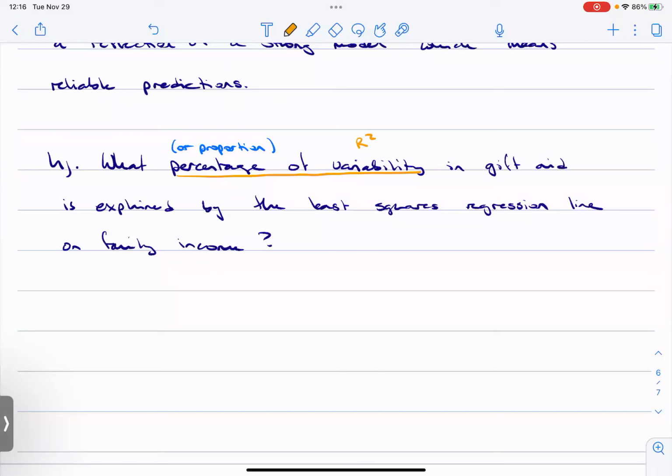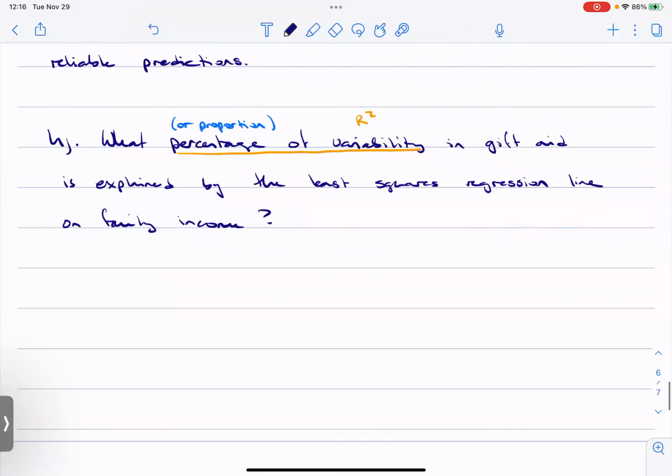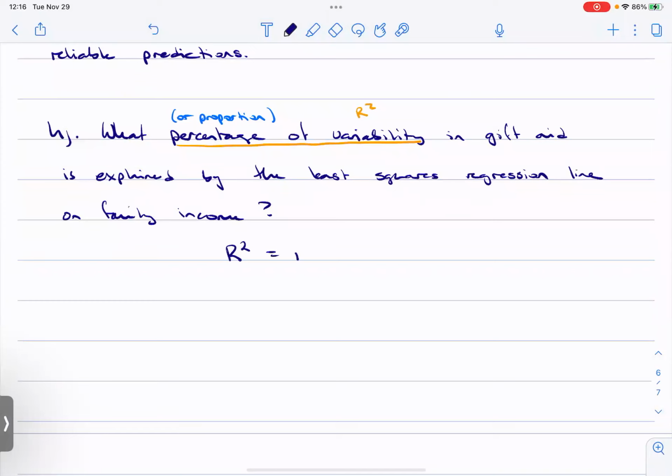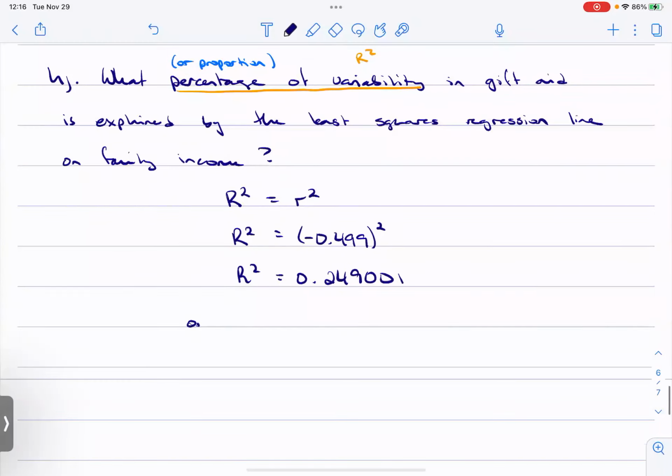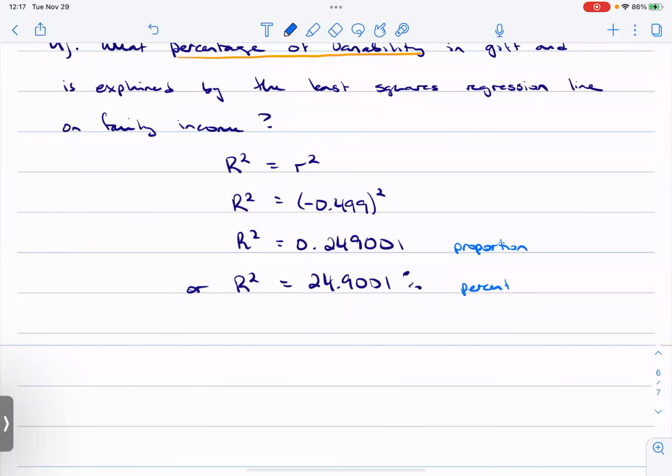Luckily, I have the correlation, so R squared is negative 0.499 squared, which puts me at 0.249001, or as a percentage, 24.9001%. Here's the proportion of variability, and here's the percentage.